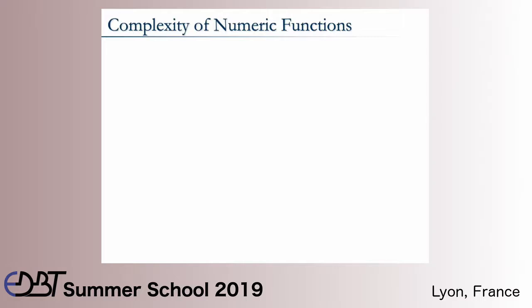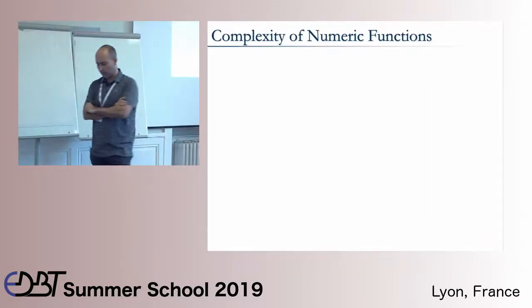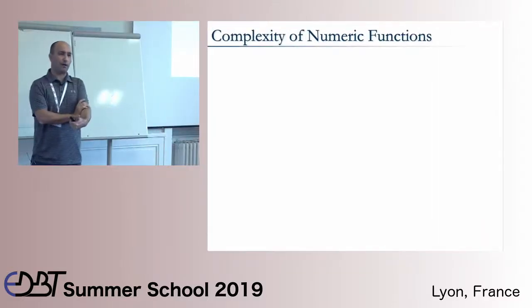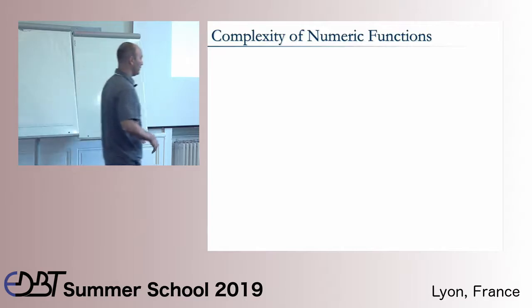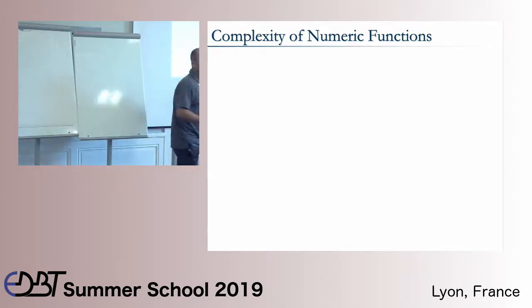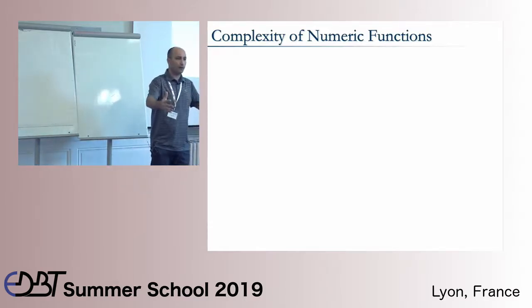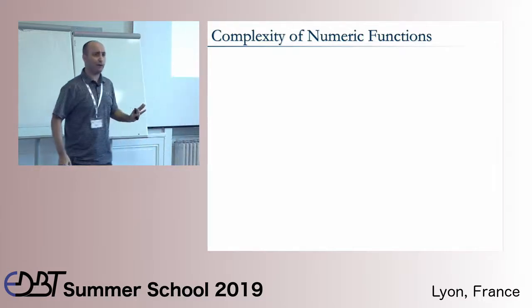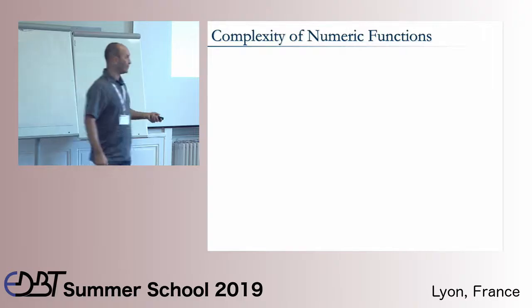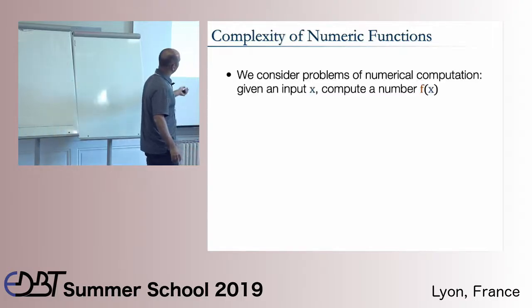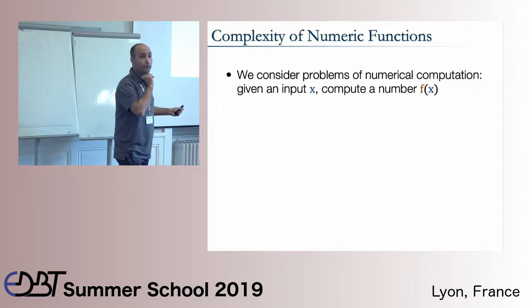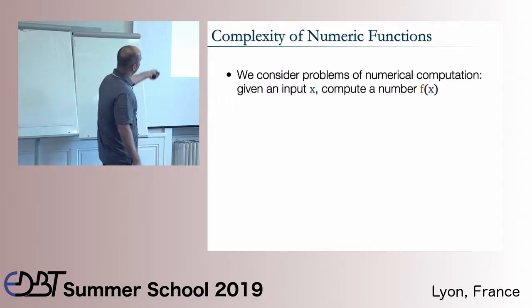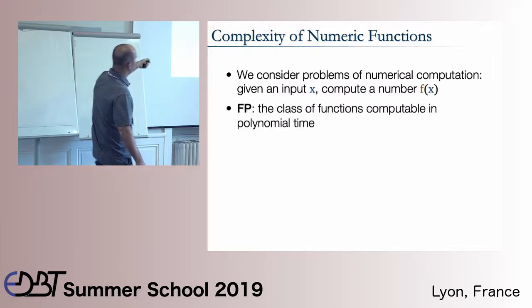Well, we also need some tools from complexity here to reason about these problems. Because when we talked about decision problems, we had these standard classes of polynomial time, NP-complete, and so on. And then at some point we needed to talk about enumeration problems, and we needed some other classes like polynomial delay, polynomial total time, and so on. These are a different type of problem. These are problems that generate numbers, okay? And we need to use the proper complexity theory for that. So generally we're looking at the computation of functions f(x) given the input x.